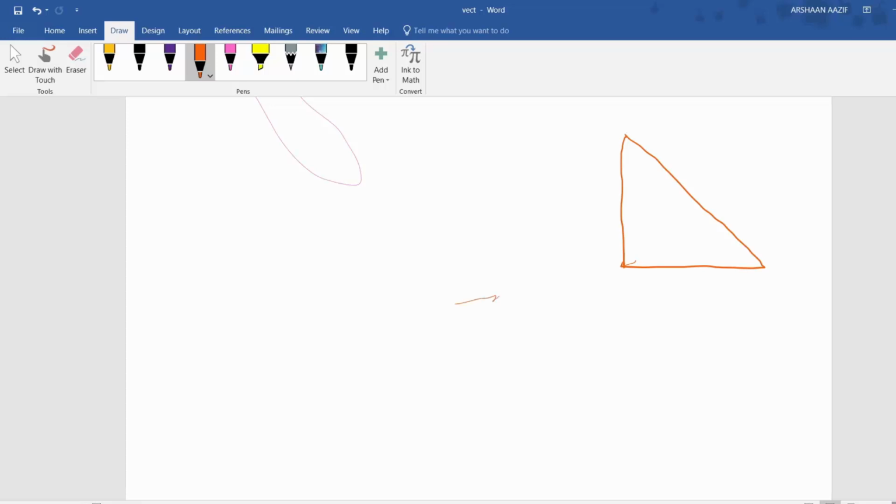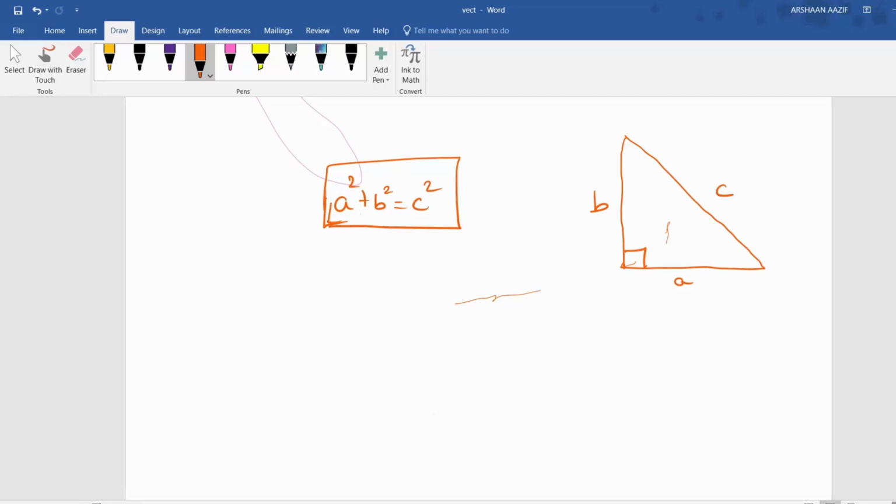Now here, we will try to prove it with the basic law that we have been using for a right angle triangle, which is the Pythagoras theorem. When one of the angles is 90 degrees, if the sides are a, b and the hypotenuse is c, a square plus b square is equal to c square. This is the very basic law we have been using for a very long time.